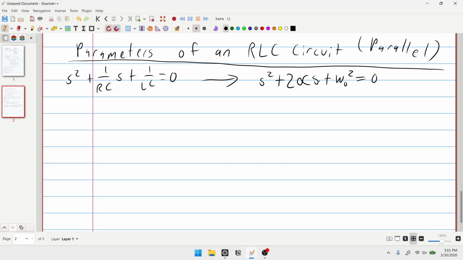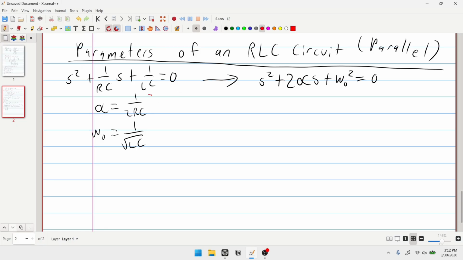And so if you compare this to our circuit equation, we can find that alpha is equal to 1 over 2RC, and that our natural frequency is equal to 1 over the square root of LC.